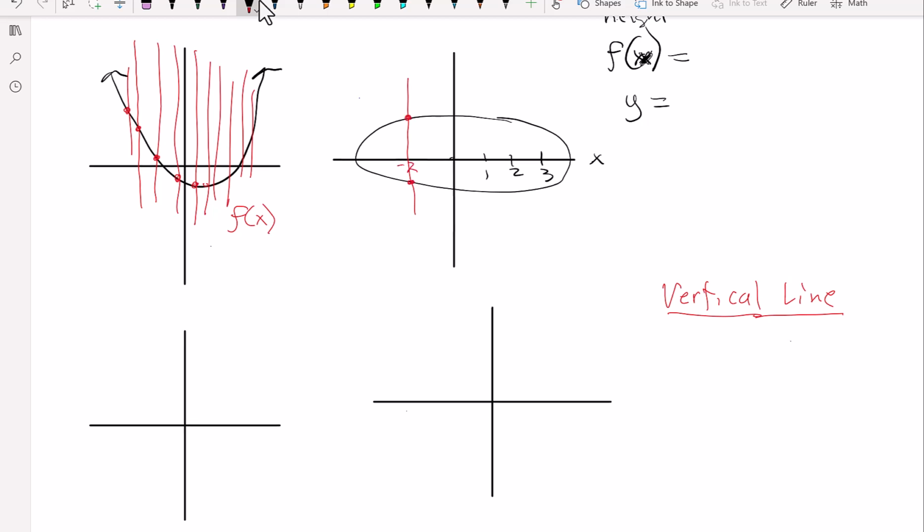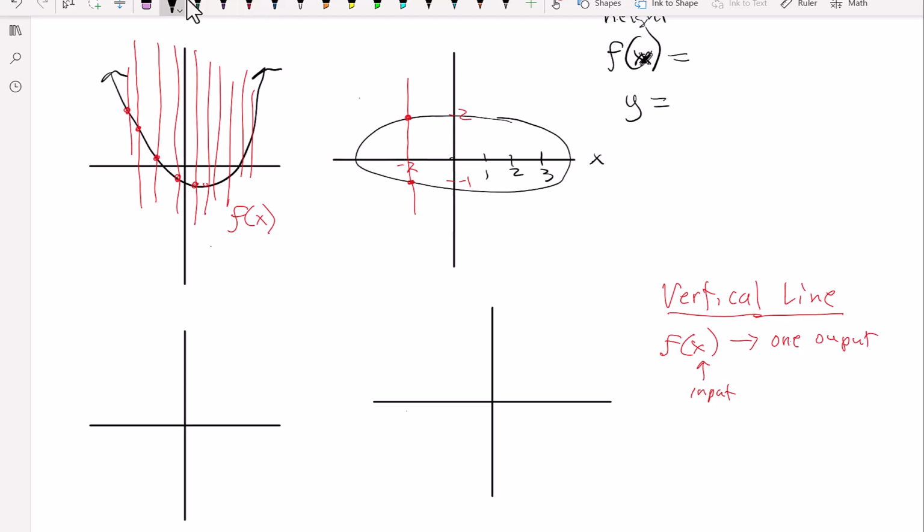Let's say this is -2. -2 is the input, but -2 has two outputs. It can't be a function. Let's say this is -1, and this is +2. So one working definition of a function is that for every input, there can only be one output.